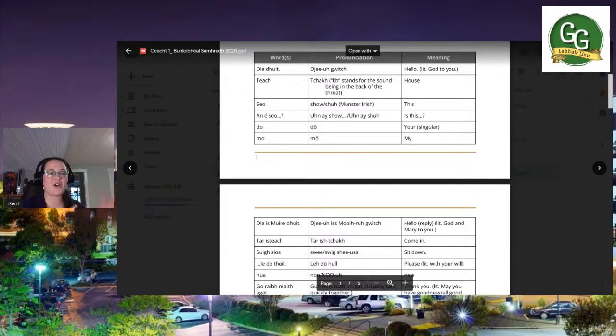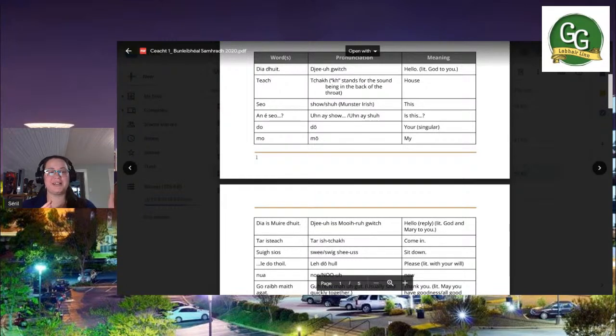So all of these patterns are very, very regular, so much more regular than English. I see some people get a little frustrated with Irish pronunciation, but really and truly, if you learn that this plus this equals this sound, this plus this equals this sound, you're really going to, 9 times out of 10, be able to pronounce a word you've never seen before.